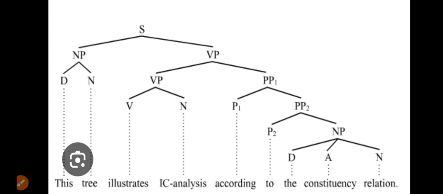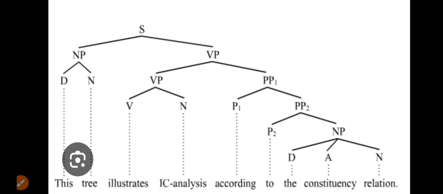Then the verb phrase. We have to find out the verb phrase up to analysis, because from according it is a preposition. So the verb phrase, just separate it: here the verb illustrates, and the noun is IC analysis. Then it starts with a phrase, meaning that's a prepositional phrase.